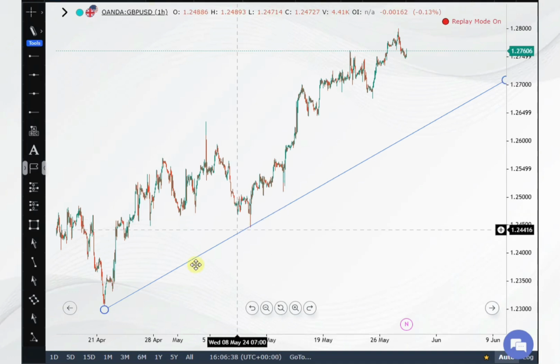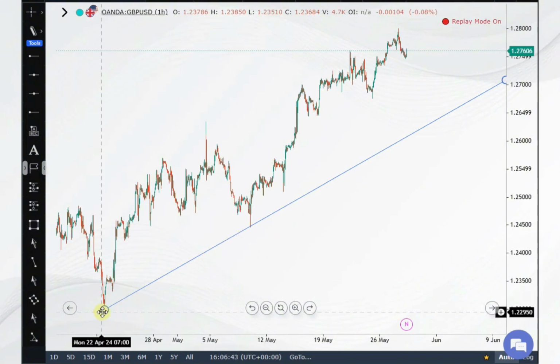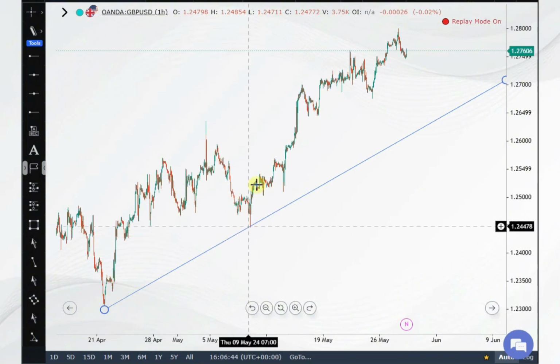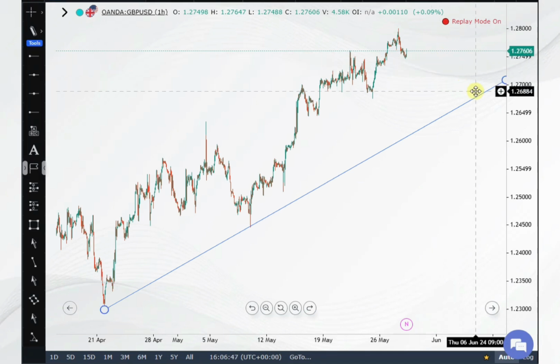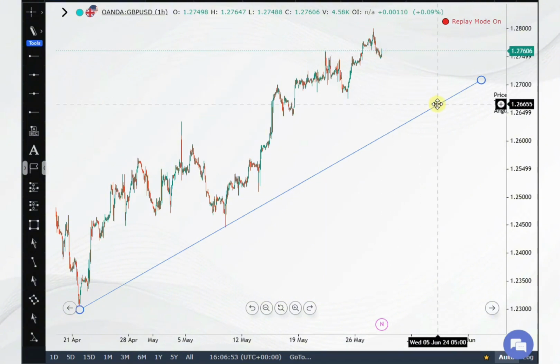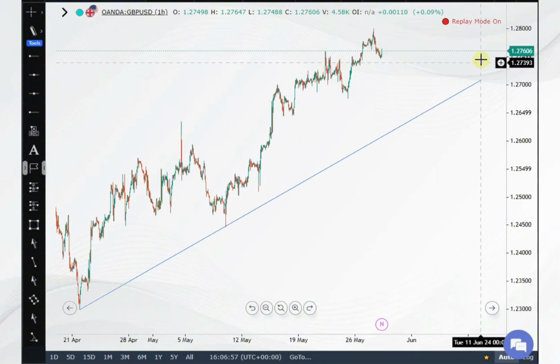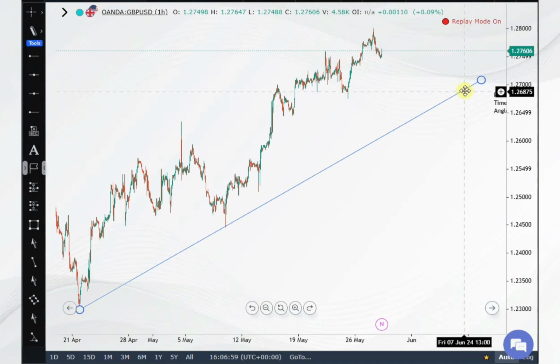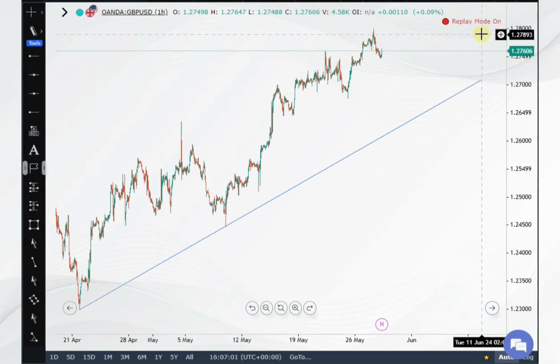After pinpointing this one, because this is the first touch and the second touch, we'll wait for the third touch of this trend line in the future. So whenever price comes back to this trend line again, we'll probably see a long run to the upside. We'll probably see the market going again to create a new higher high.